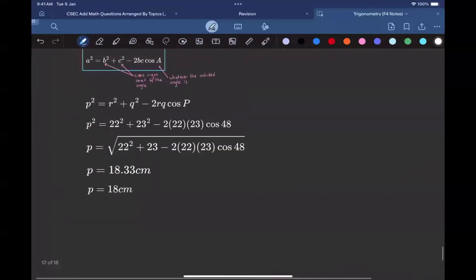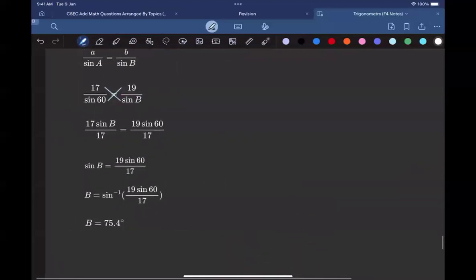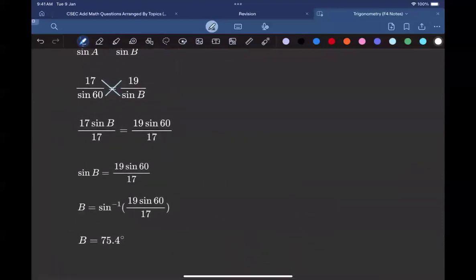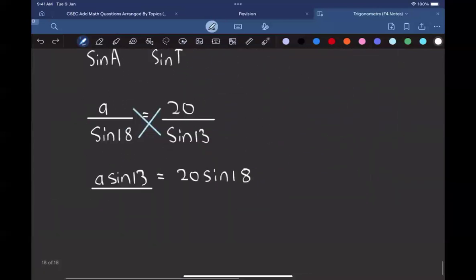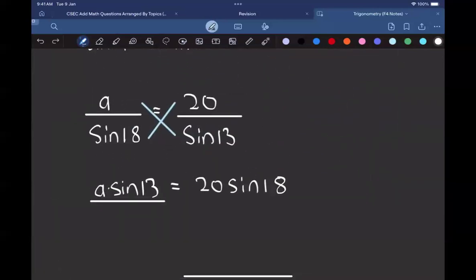Let me show you something. In the previous question, we were trying to find b. Now, look at where b was. b was in a relationship with sine. But over here, is a in a relationship with sine? No, it's by itself.